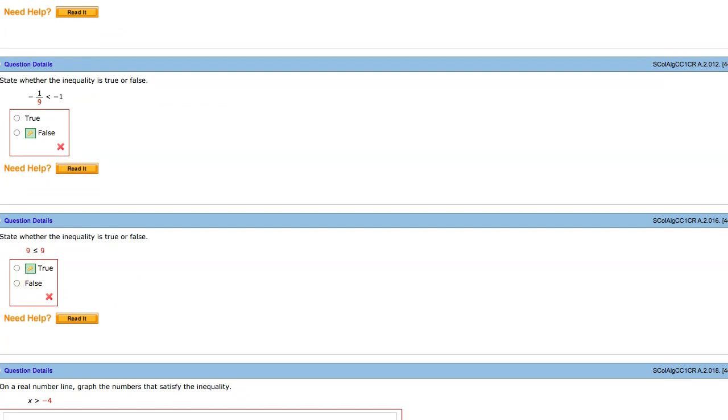Now number 7 is a good one. 9 is less than or equal to 9. It's true. Why? Because of the equal to part. If it weren't for that equal to, this would be false. Now, if you had 9 strictly less than 9, without the equal to being there, this would be false. 9 less than 9 is false, but 9 less than or equal to 9 is true.